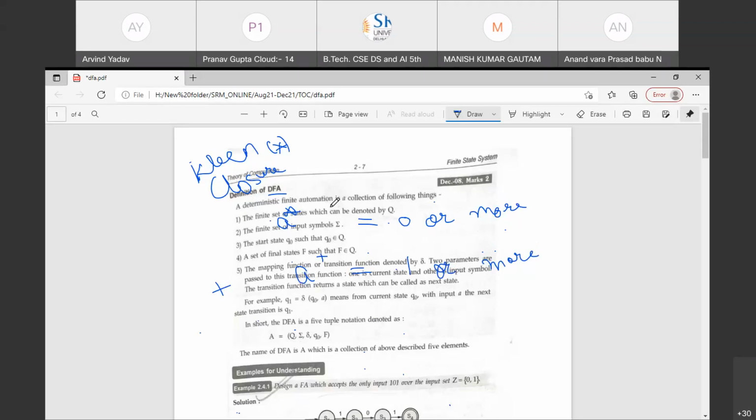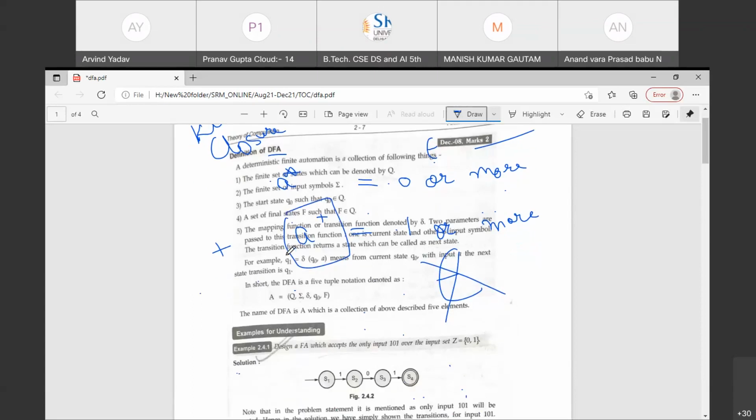Star means I can allow epsilon along with other strings. A plus means epsilon is not allowed. Why? Because epsilon is a string of zero length, and zero is not in the category of positive closure.